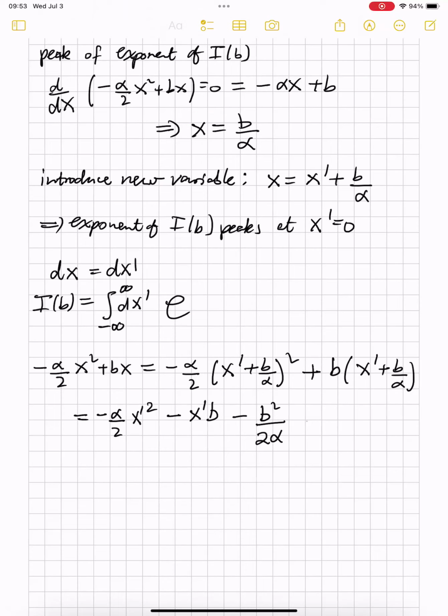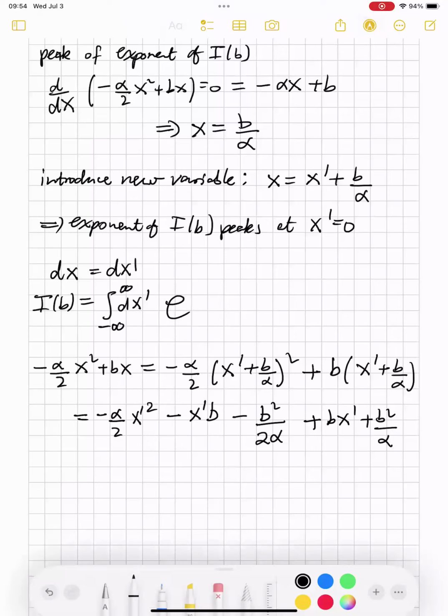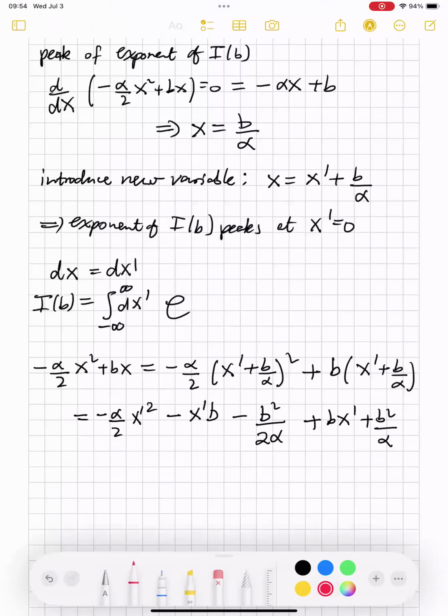And then from the second bracket, if we multiply that out, we've got plus bx prime plus b squared over alpha. So what you see is, first of all, the minus x prime b cancels with the bx prime. So those two cancel completely. And then these two terms can be added. So what we end up getting is minus alpha over 2 x prime squared.